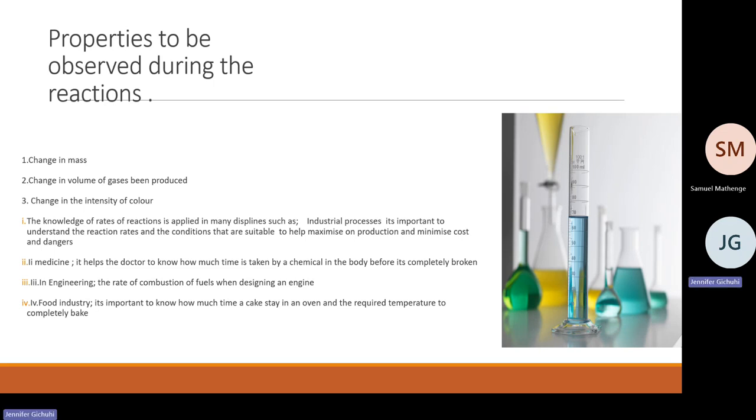The second area that is of importance is the area of medicine. In this case, it is important for a doctor to know how much time a particular drug, because drugs are chemicals, will take in your body before it is completely decomposed. Once the doctor knows the amount of time that the chemical will take in your body to fully decompose, then he will be able to give you a prescription.